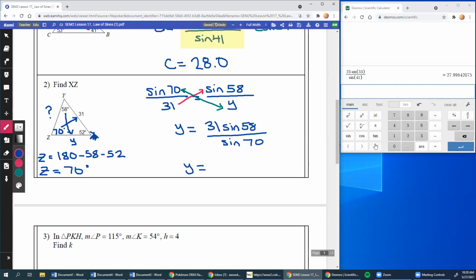So we come back here to our calculator. 31 sine 58. Make sure you close the parentheses, so that when we divide, it actually will put sine 70 in the bottom. And there we go, 27.97. So this is another one where our side length is going to be equal to 28.0.